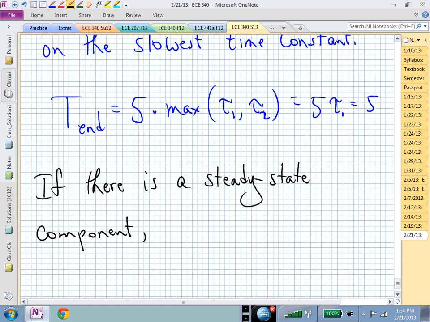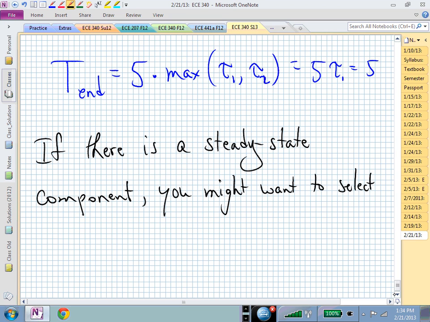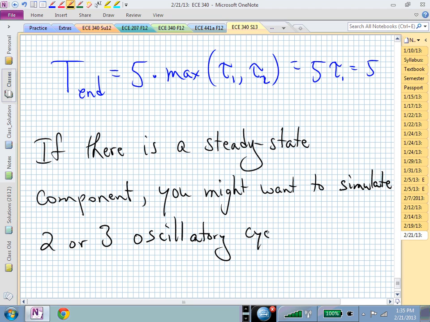So if there's a sinusoidal, or it doesn't have to be sinusoidal, if there's a steady state component, you might want to simulate for 2 or 3 oscillatory cycles.